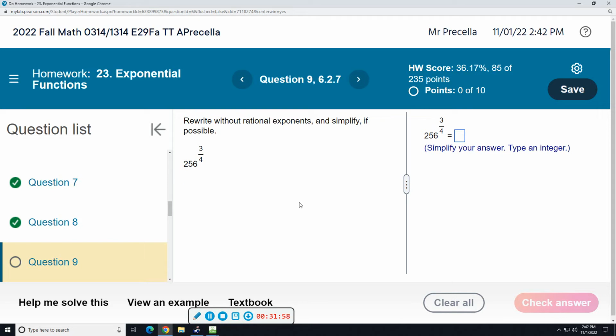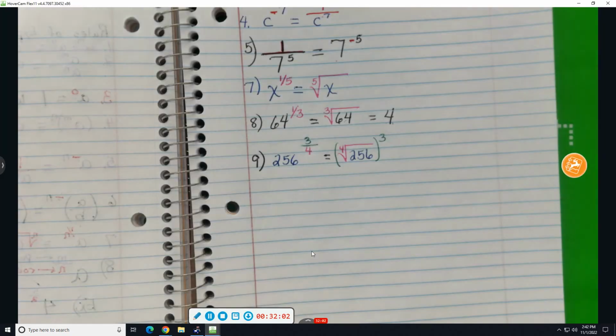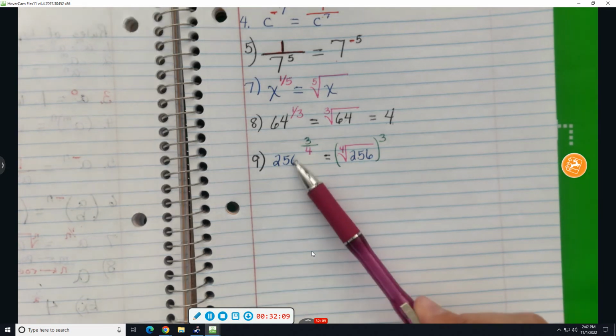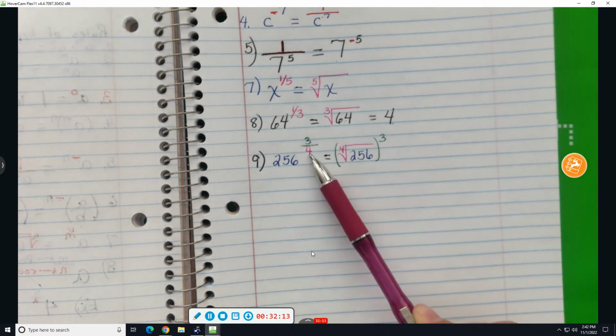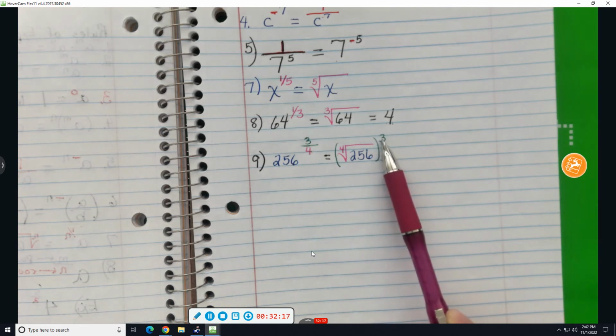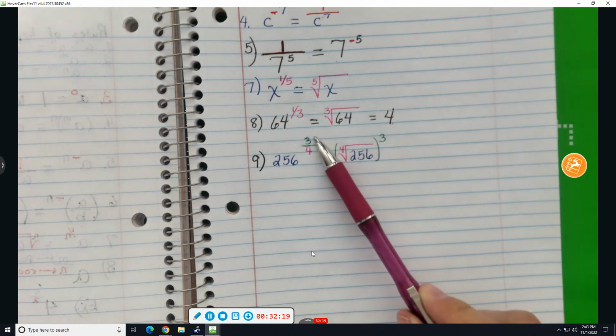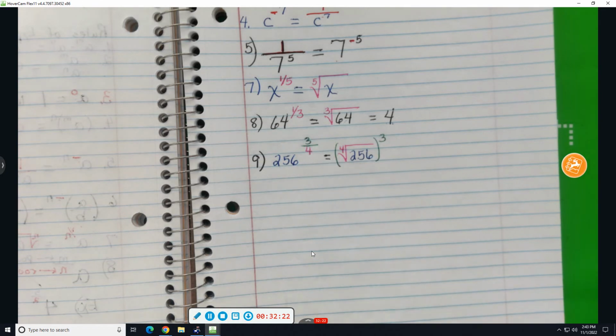Oh, shoot. There. 256. I'd forgotten. 256 to the 3/4. I'll take the 4th root first because that'll get you smaller numbers, and then cube. Theoretically, you could cube and then take the 4th root.